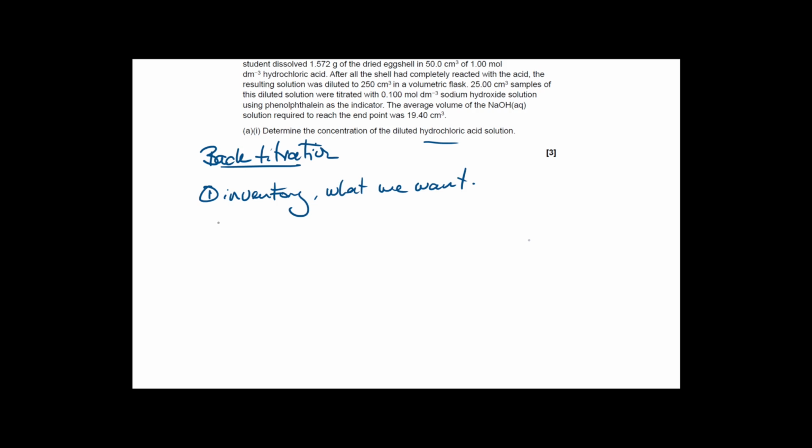Right? So let's have a look at what we've got. We're told that we have a mass of dried eggshells, I presume they're chicken's eggs, and that is 1.572 grams, that's right up there.